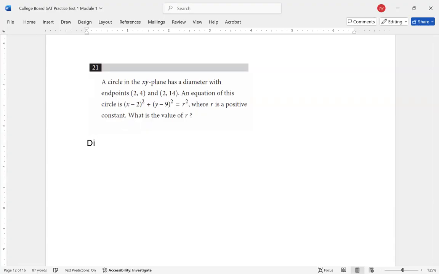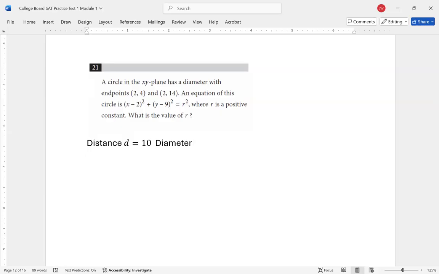So the first is that if we take the distance between these 2 points, between (2, 4) and (2, 14), we see that there is a total of 10 units worth of difference. The x values are steady, the y values change by 10. So the distance there is 10, and that is actually the diameter of a circle.